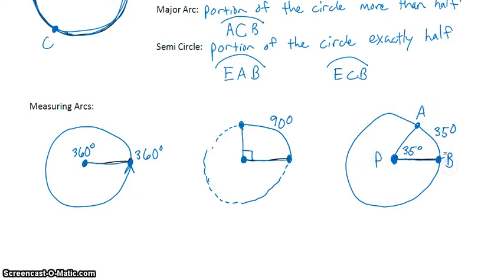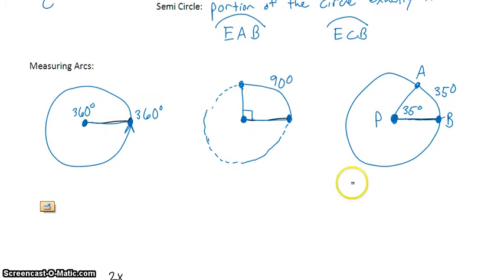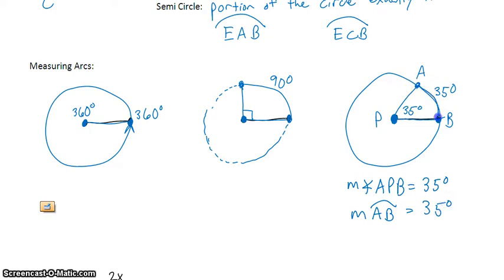Let's label these points. The measure of angle APB is 35 degrees. Angle APB is a central angle where P is the center of the circle. The measure of arc AB is also 35 degrees. AB is a minor arc.